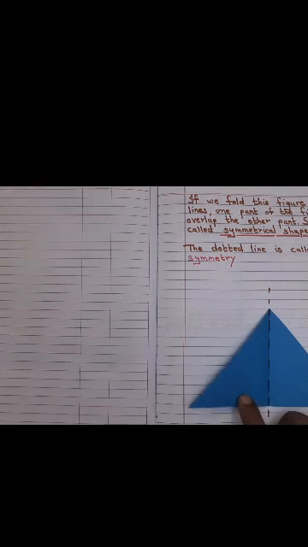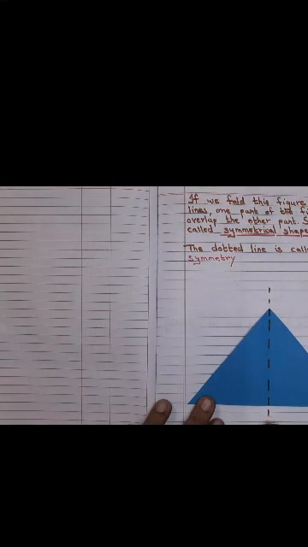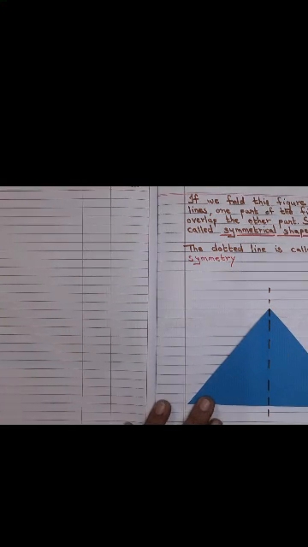Now I have a figure over here, correct? Now if I fold this, can you see it's exactly overlapping? Can you see this? Okay. So such shapes are called symmetrical shapes. The dotted line, can you see this dotted line? This is called the line of symmetry.